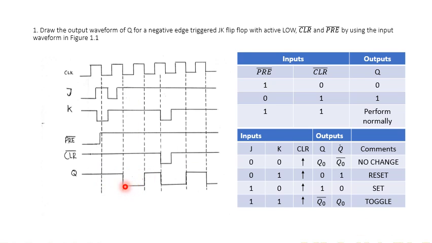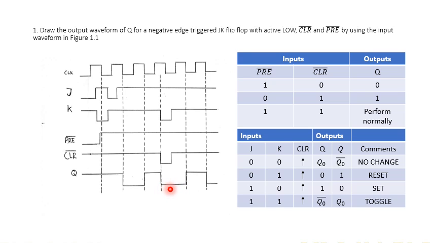If the previous answer is 0, then it will be 1. So the clock 3 answer here will be 1, and it will stop here because of CLR bar. Here we are referring to CLR bar 0, so the answer here will be 0 too.